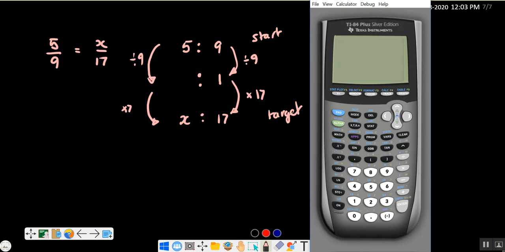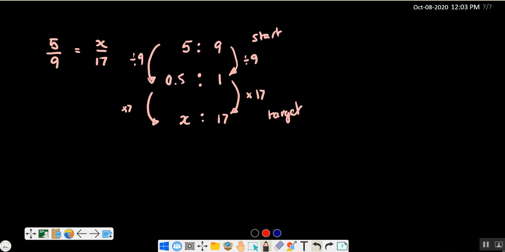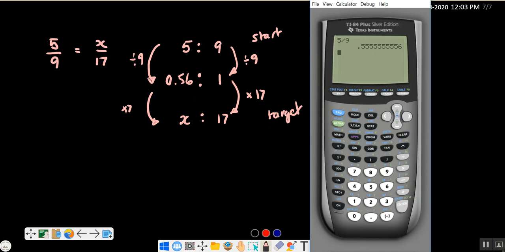If I put 5 divided by 9 on my calculator, it gives me a decimal like this. If I write that down and just write 0.5 or even 0.56, which is better rounding, I still will end up with an answer that's slightly wrong, because 0.56 multiplied by 17 is only 9.52.